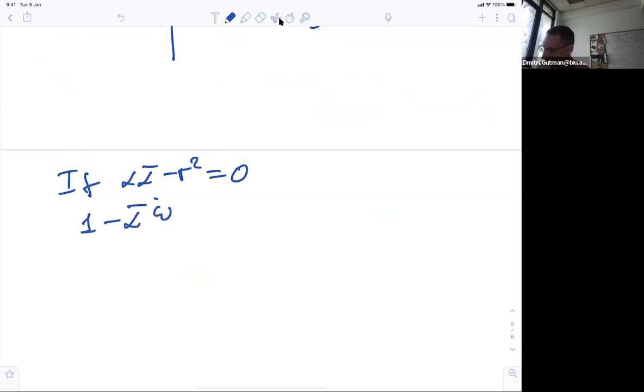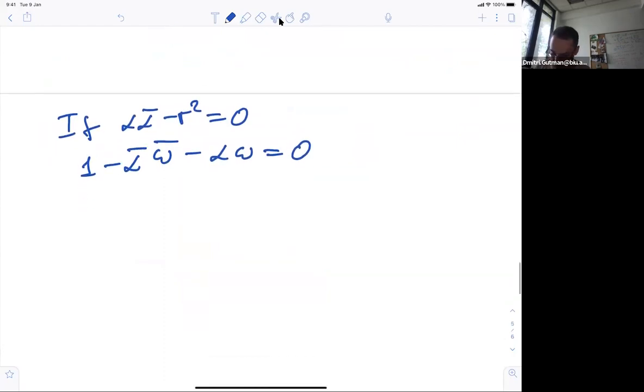If alpha alpha bar minus r square is equal to 0, then in terms of w and w bar, the equation reads 1 minus alpha bar w bar minus alpha w is equal to 0. Who can tell me what this equation describes on the W plane? Straight line. Straight line, correct. It describes a straight line.